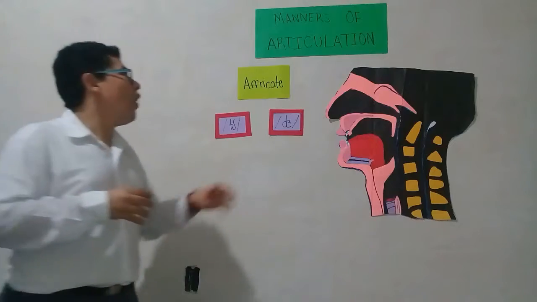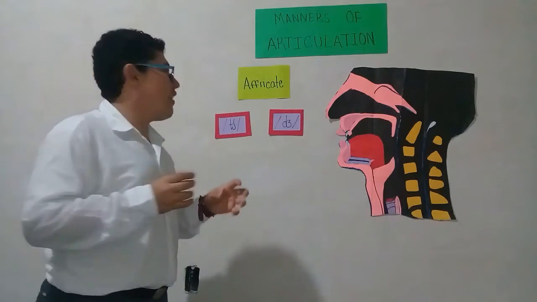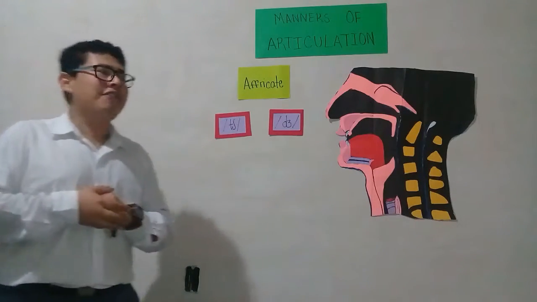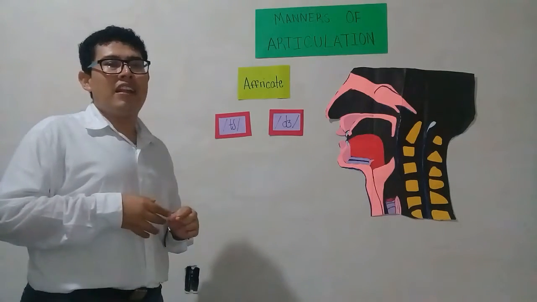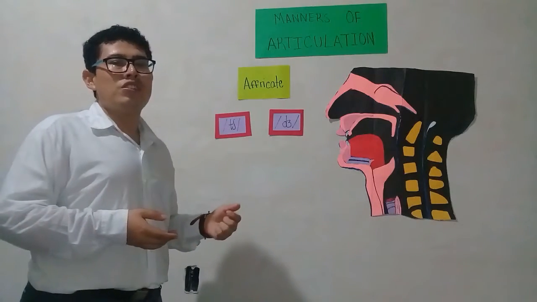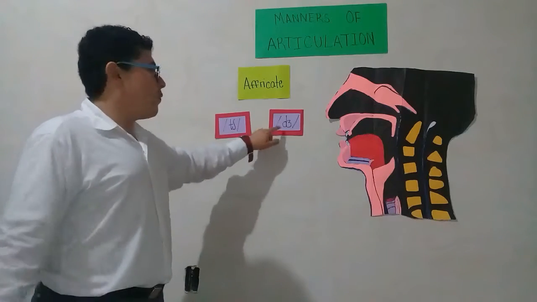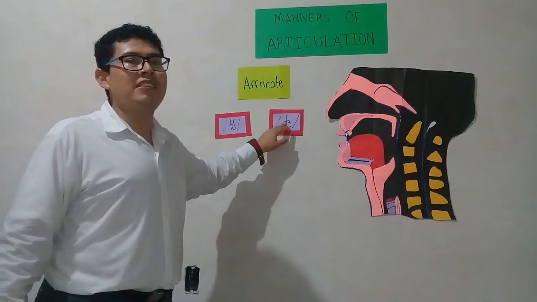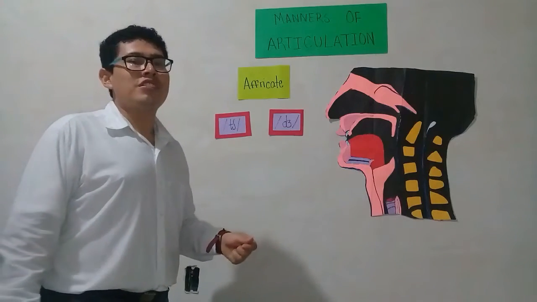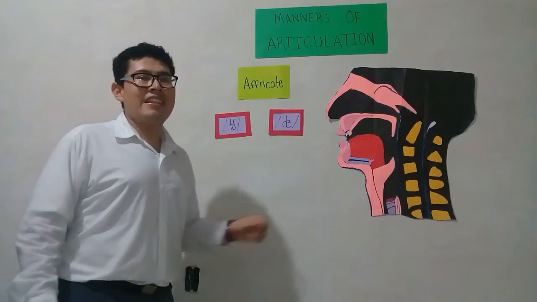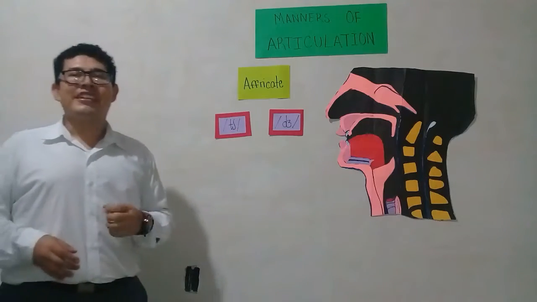This is how the affricate sounds are formed. And we have the sound of ch, like for example in the word chop. We have the sound of j, like for example in the word judge. And then there are the affricate sounds.